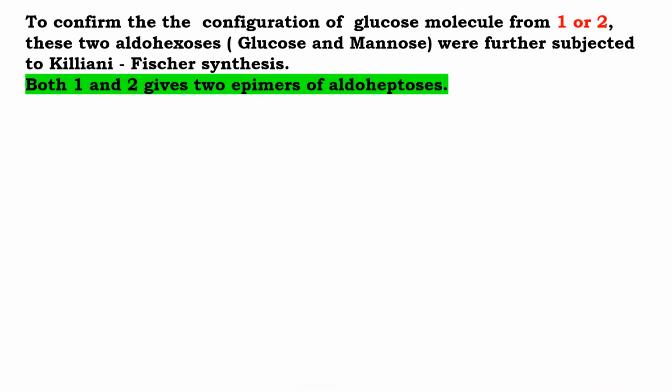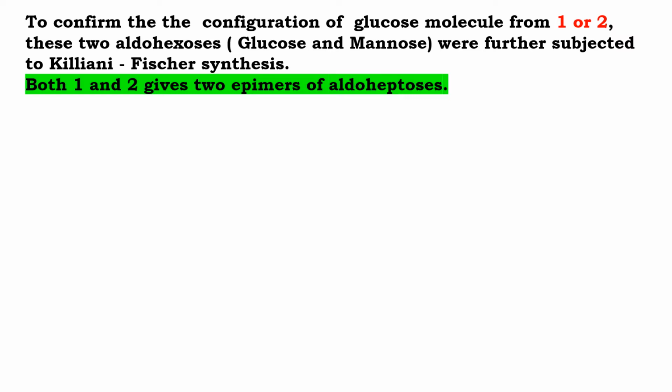To confirm the configuration of glucose, we are subjecting structures 1 and 2 obtained from arabinose to further Kiliani-Fischer synthesis. And we have the doubt which is the glucose structure, whether it is structure 1 or structure 2.